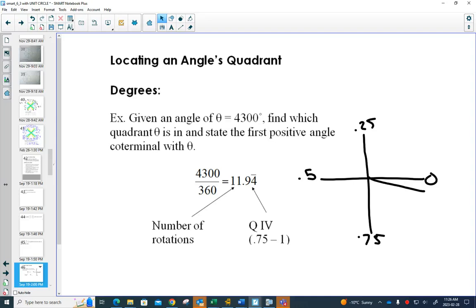I feel like I should buy a lottery ticket, because it seems highly unlikely that I would pick a random radian and get almost perfectly 4,300 degrees. But if I buy a lottery ticket, my luck's already run out for the day. Oh, sorry, that was terrible.